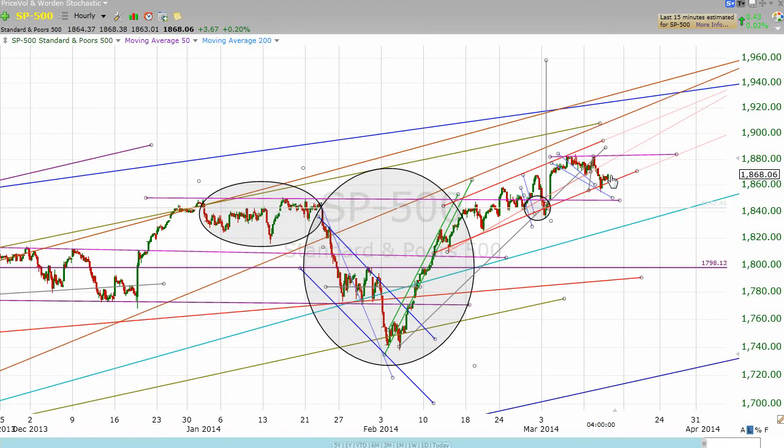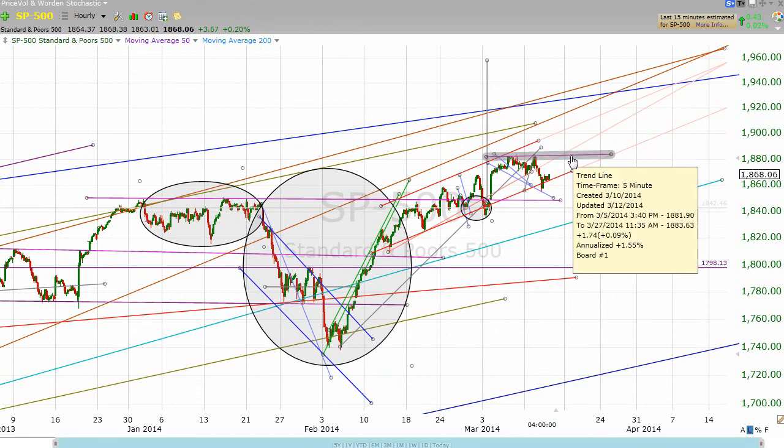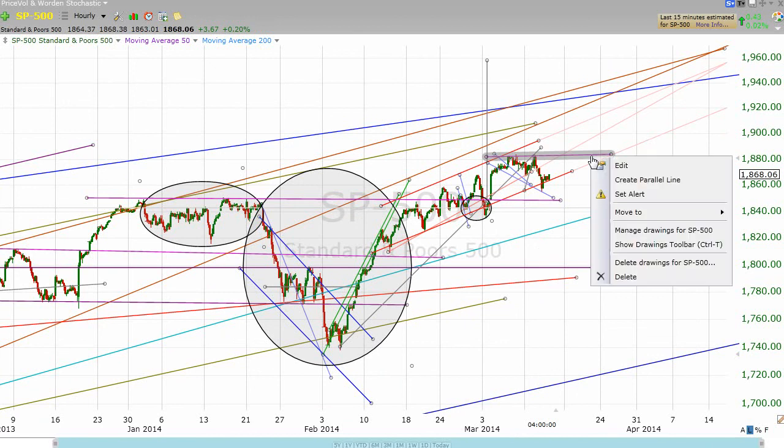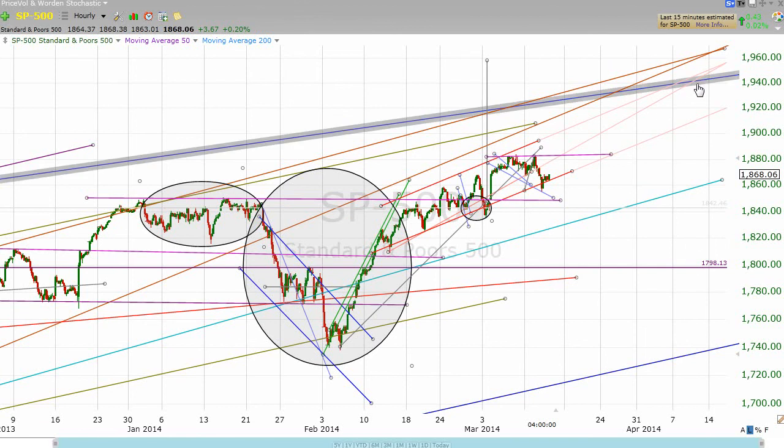But if we manage to go sideways just a little bit more, then all of a sudden, for example, if we find ourselves coming back up to this line, then dipping down again, and at some point in the latter part of March, taking out this 1883 line, then we have a nice path on up into the mid-1900s where we don't have to deal with any of these resistance lines right here until sometime in the future.